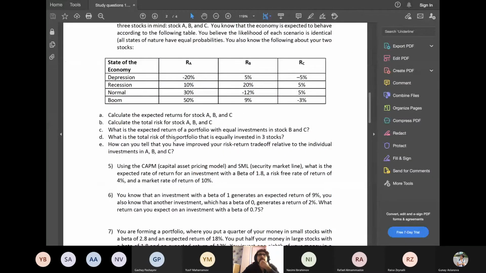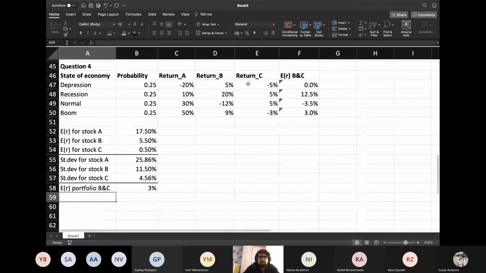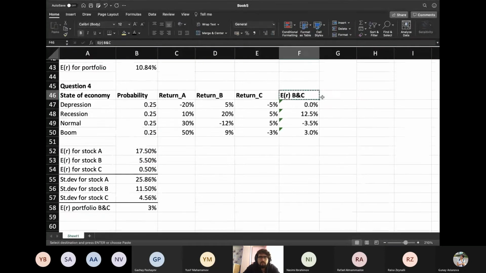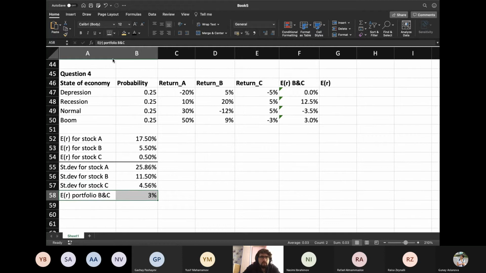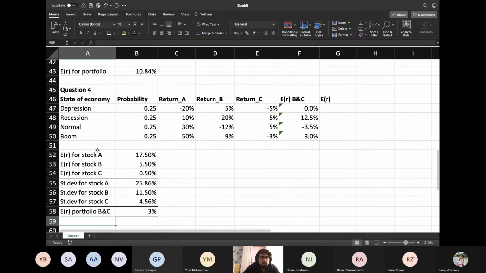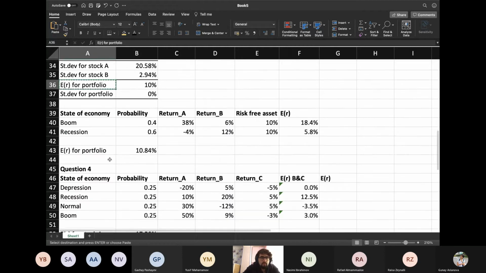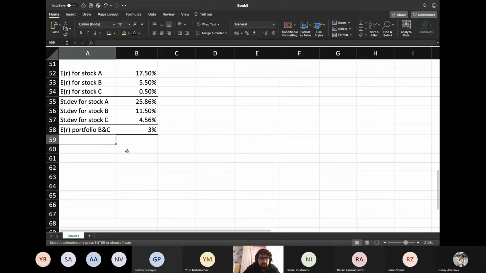D, what is the total risk of the portfolio that's equally invested in 3 stocks? Equally invested in 3 stocks. I delete the B and C part and copy down here.